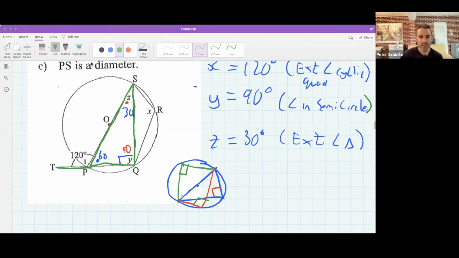It depends on how we word it, but this one over here is equal to the sum of these two over here. So the green one is equal to that. But you're right. The difference would be like saying 120 minus 90, and then you get the 30. So it just depends on what direction you're going in. But you must know that the exterior one is the bigger one.